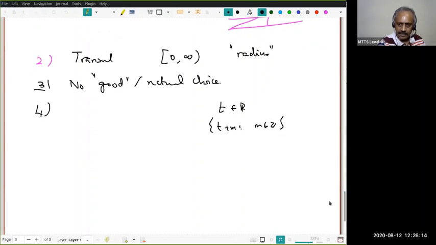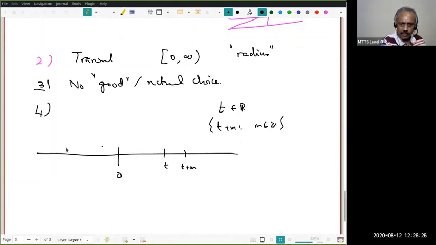Now, if you learned your analysis well, you will understand: if I am here at 0 and this is my t, I am writing it positive, but it need not be, and so on on the negative side, t minus m, etc. Can you think of a representative? Since m is an integer, I can subtract, let us say, something like 5 from 5.5. If I choose m to be 5, I get half.